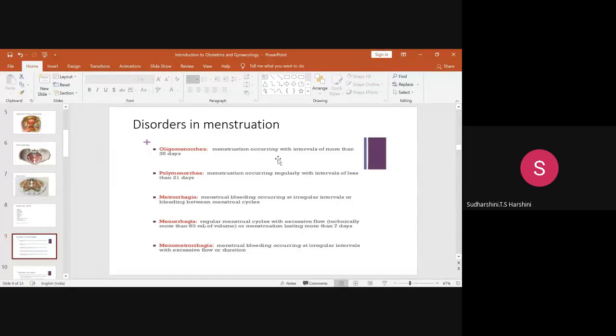Some will have a 28-day cycle. So you give me a range, like from 28 to 40 days, which is considered normal.